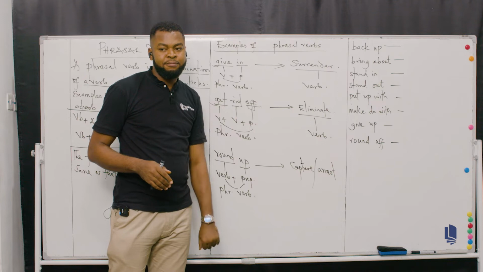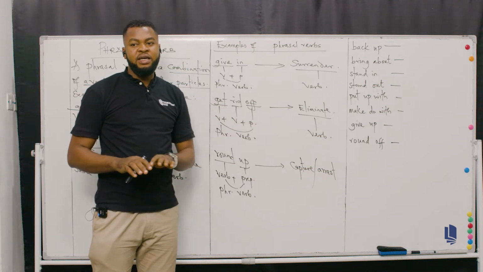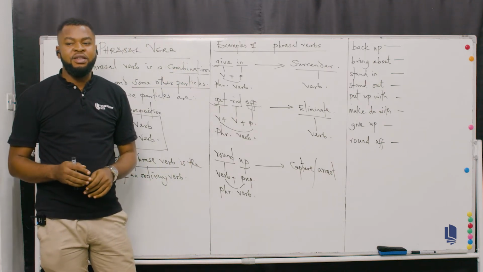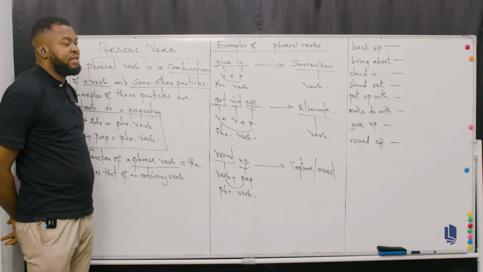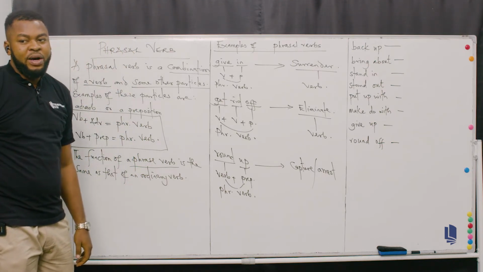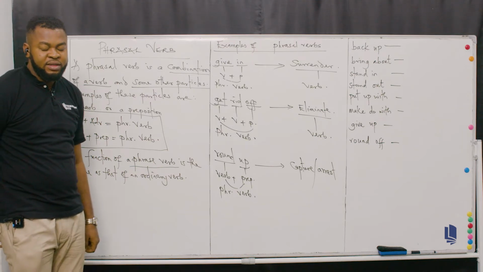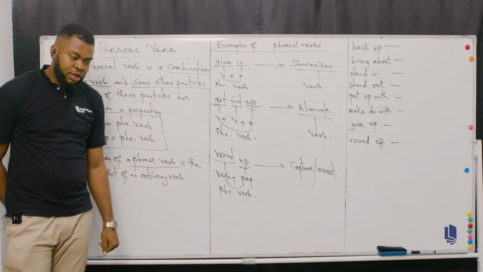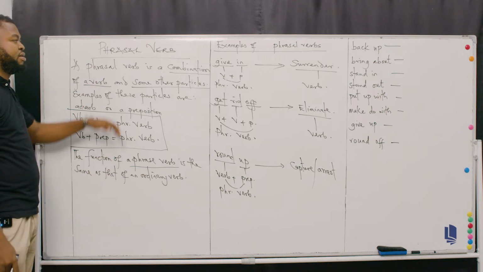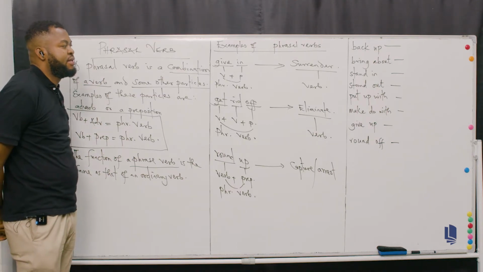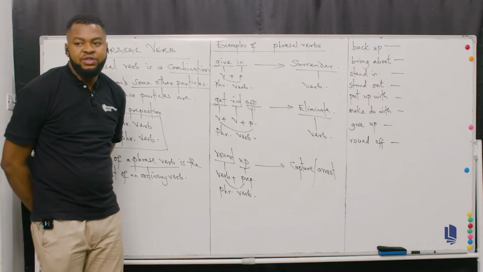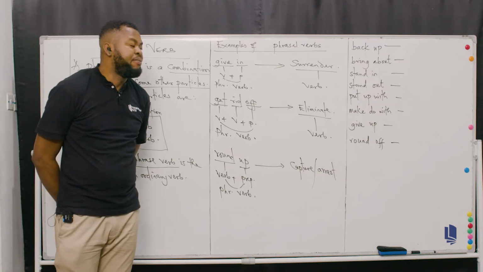So let's see. Yes. Okay, you can say it out, but I hope you're writing them in your notebook. Okay, that's correct. Who else can also try? Let's see. The second part, bring about.